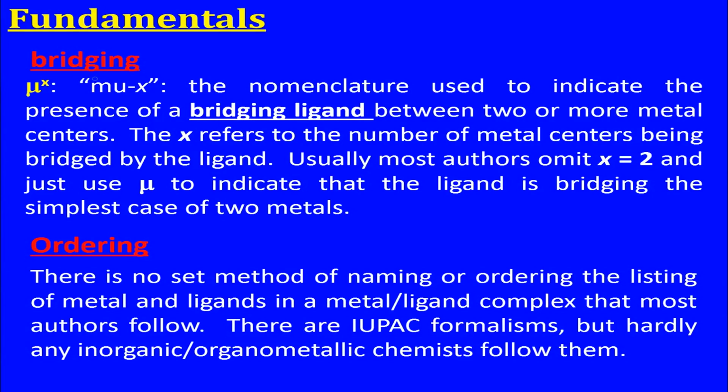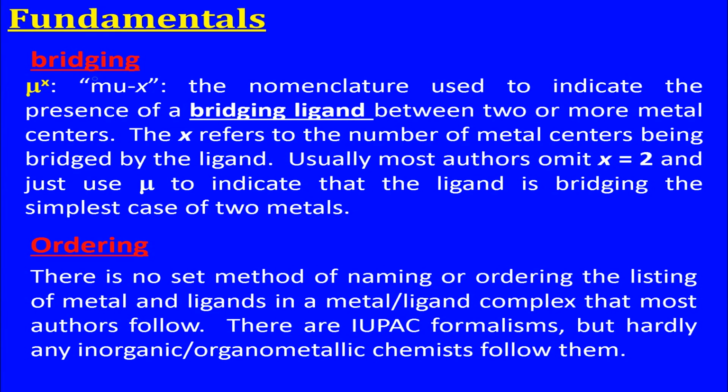Bridging ligands. For bridging ligands, we use the term μx, and this nomenclature is used to indicate the presence of a bridging ligand between two or more metal centers, and X refers to the number of metal centers bridged by the ligand.